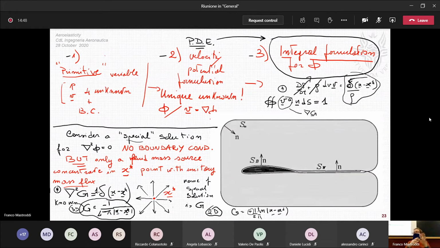And in electrostatics, you have an identical expression. One is like the logarithm, and the other one of type 1 over R, where R is the distance between the influencing point and the influenced point. This is just a bit of clarification on the singularity.